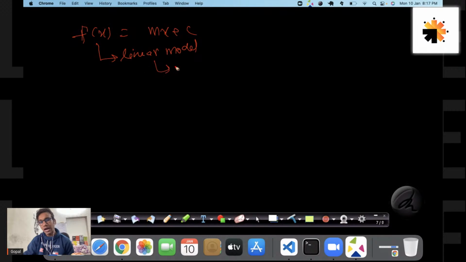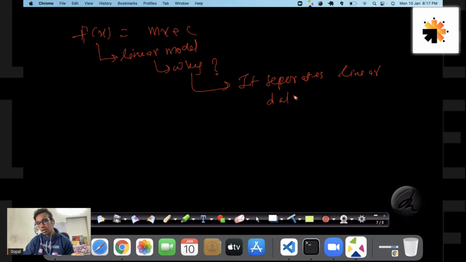Why linear? Because it separates linear data. Simple. Machine learning is quite straightforward. If you can imagine data being projected on an xy plane, everything becomes simple.